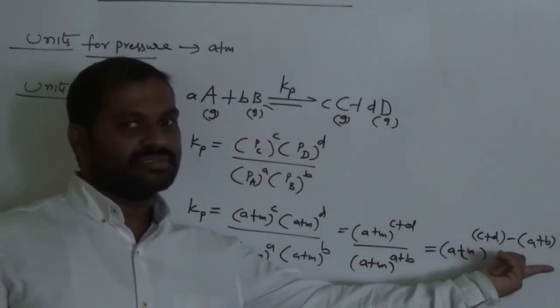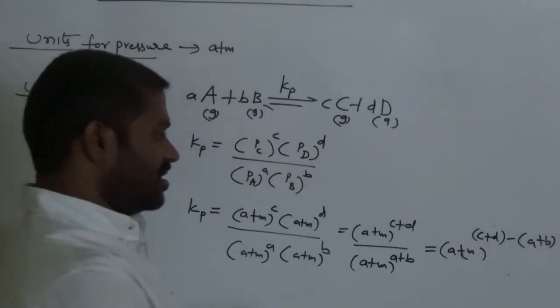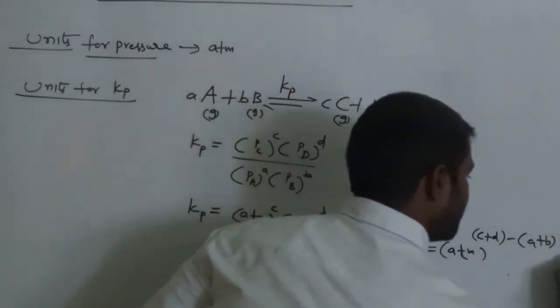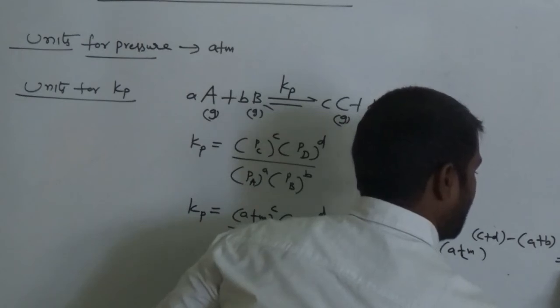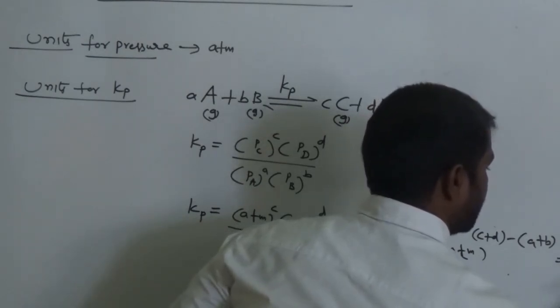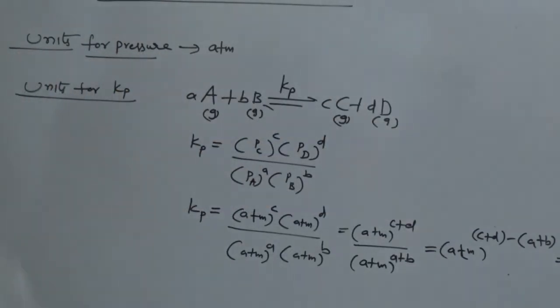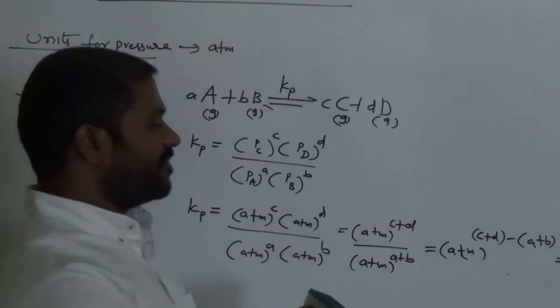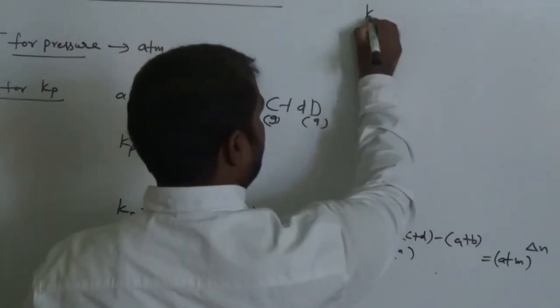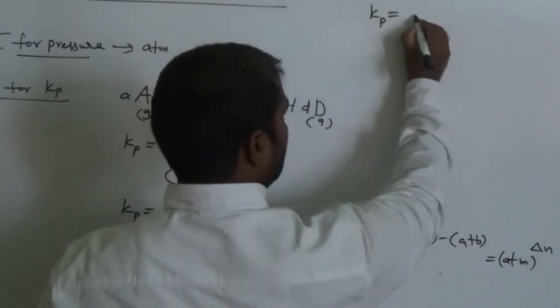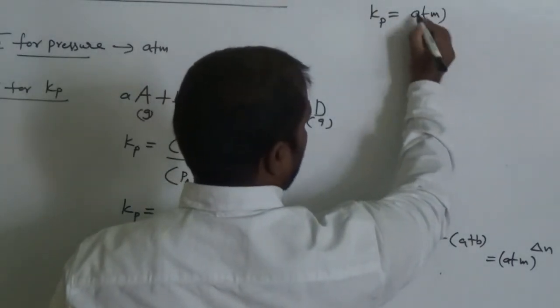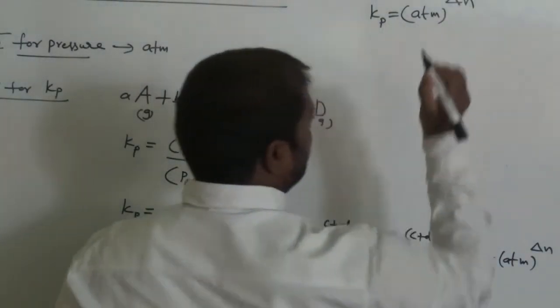Is it clear? So now this one is taken as atm whole power delta n. So what is delta n? Finally, Kp is equal to atm whole power delta n.